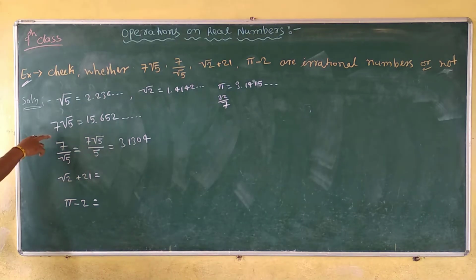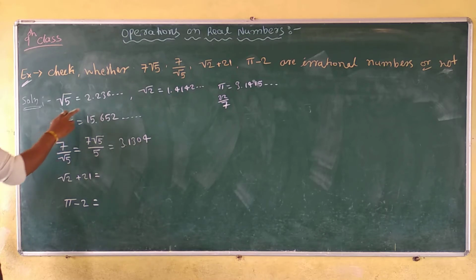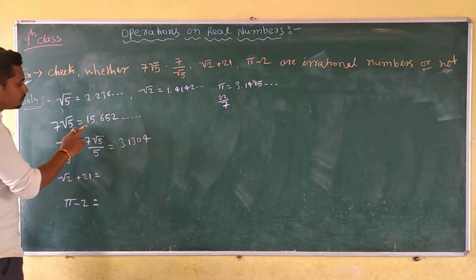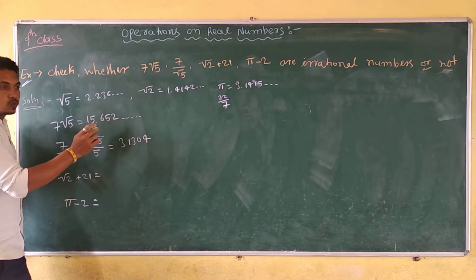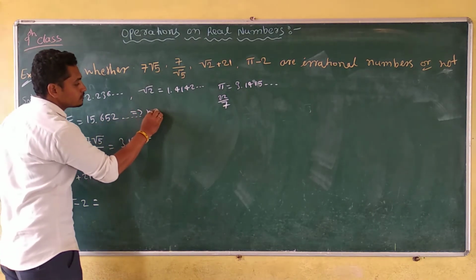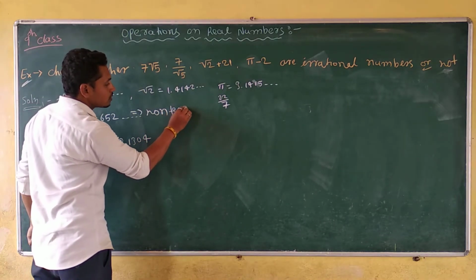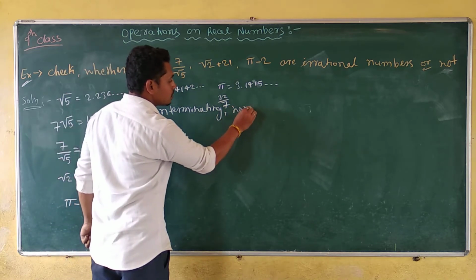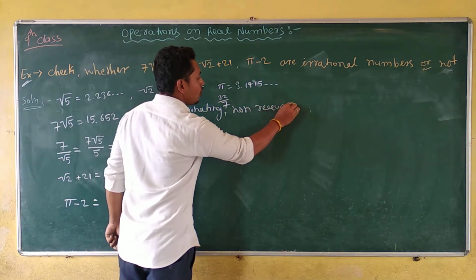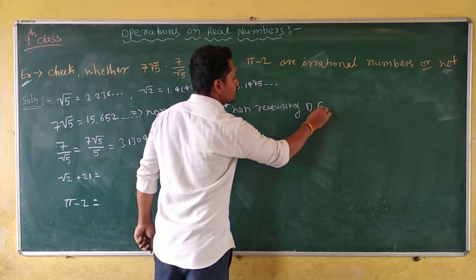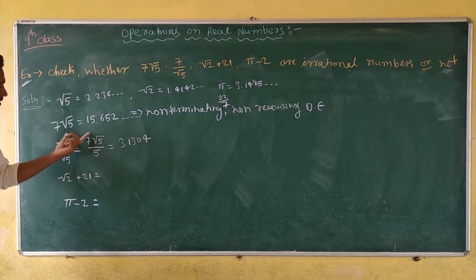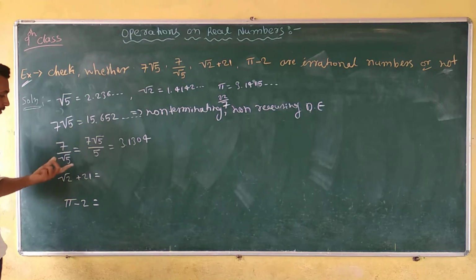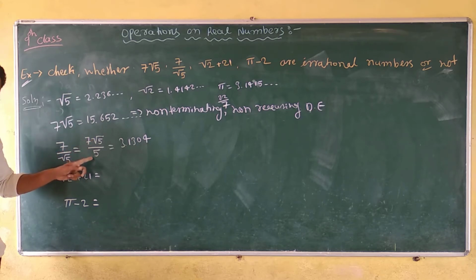Now we multiply: 7 root 5 is 7 into 2.236, which gives 15.652 and so on, a non-terminating, non-recurring decimal expansion, so this is an irrational number. Next, 7 divided by root 5 is equal to 7 root 5 divided by 5.